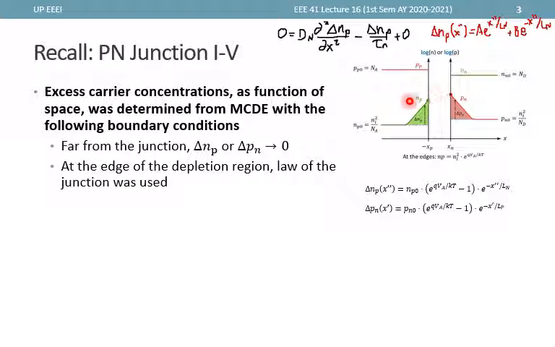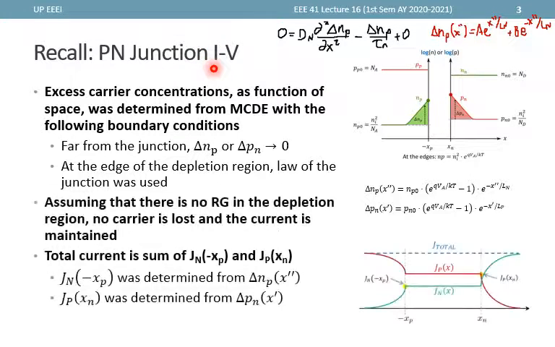Now, using this, how did we end up with the current? We assume that there is no RG in the depletion region, such that the injected carriers from the P side are all able to make it to the N side, and electrons from the N side make it to the P side without recombination or generation.